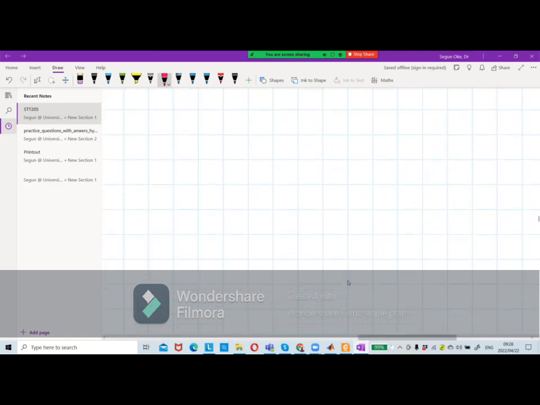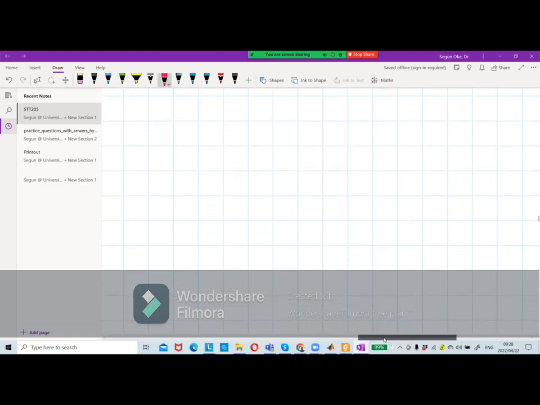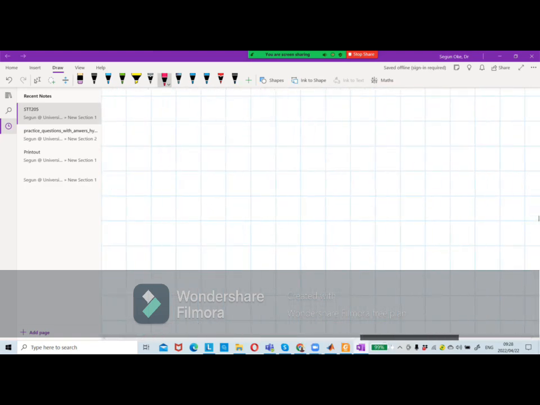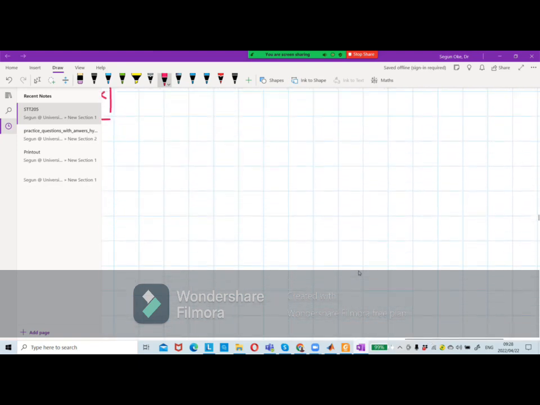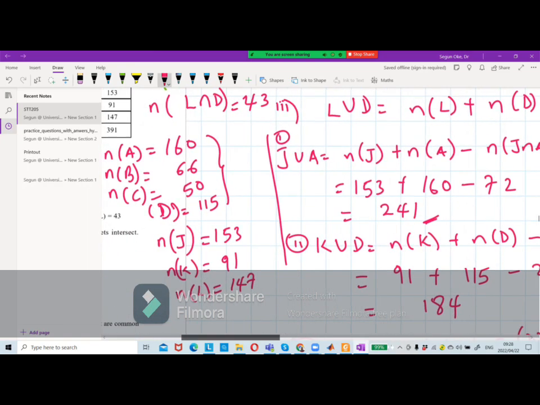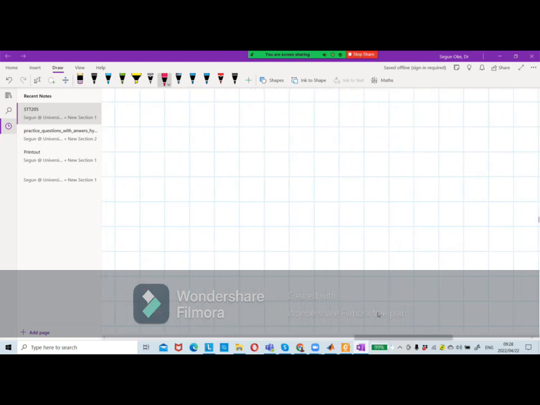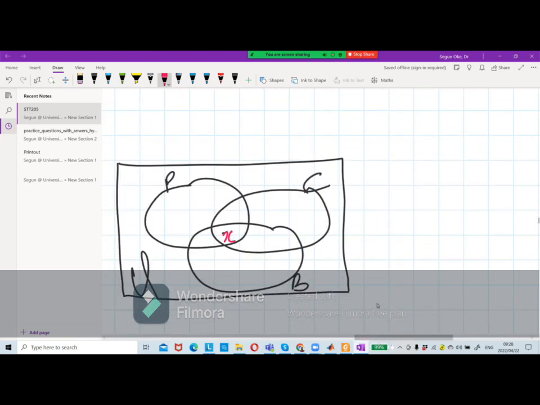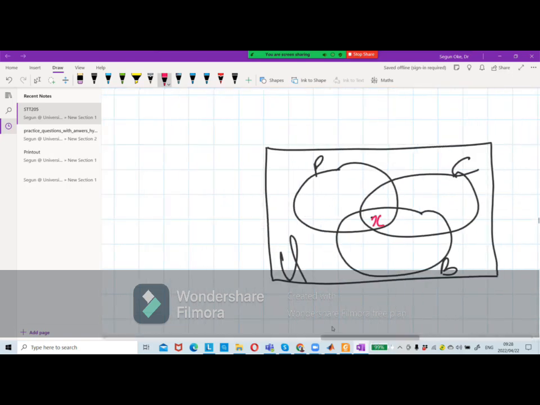So we can't say the actual number that has physics only until we know the value of X. So we don't know the value of X yet.